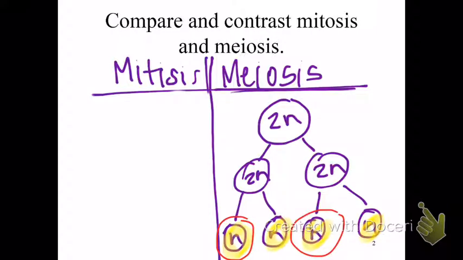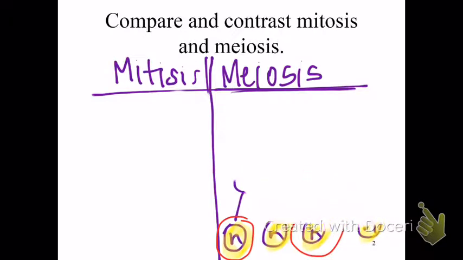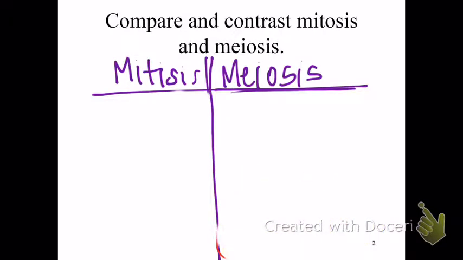Same thing with my dad. She got 23 chromosomes from my mom, but that was a shuffle of my mom's 46. And then same thing with dad. And I did too, but we got different ones. And so write this in. Meiosis increases genetic variation. Let me show you how it does that.